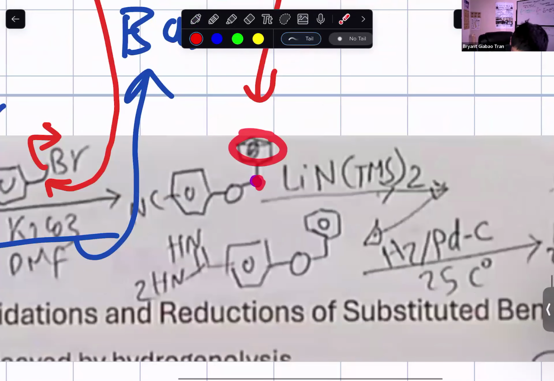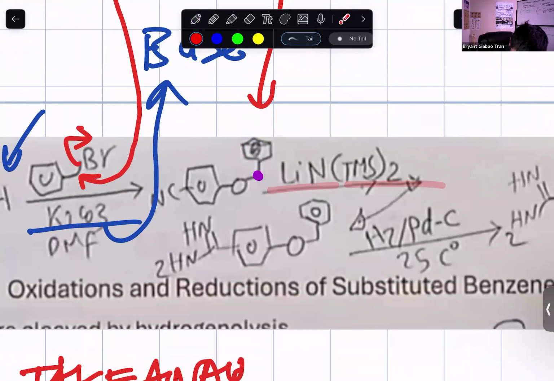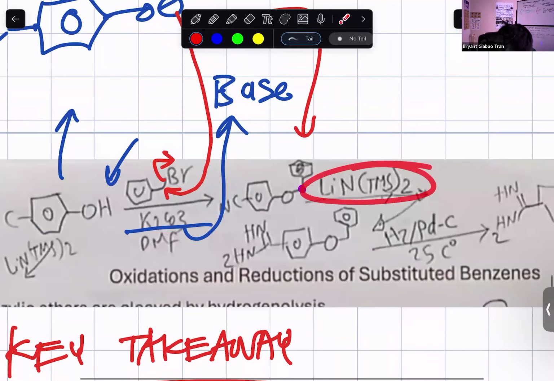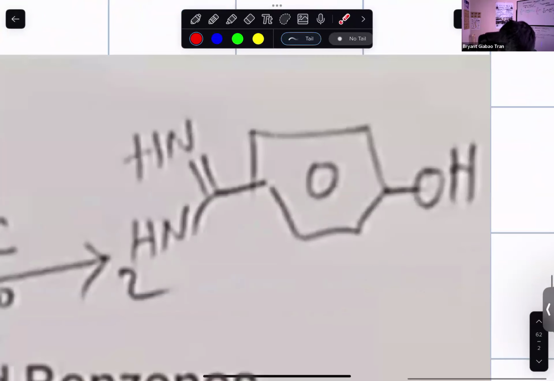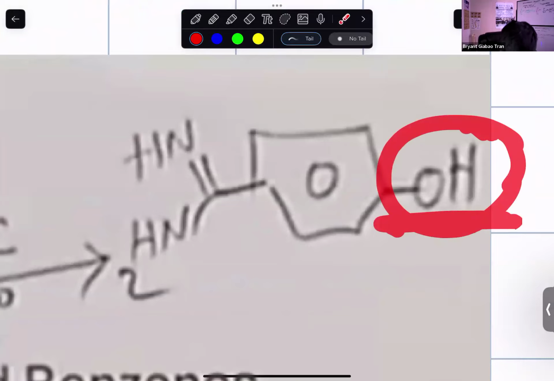Now this is protected because now we could bring in some kind of base to convert this nitrile into, like, this thing in chapter 24, the nitrogen, I forgot the name of that. It was like amine something. Something with the nitrogen, primary means hydrazone, something like that, right? Phenylhydrazone, right? The reason why we had to do that is because this reagent here would have also reacted with the OH, but we don't want the OH to be interrupted because we see in the final product here, this OH is uninterrupted, right?